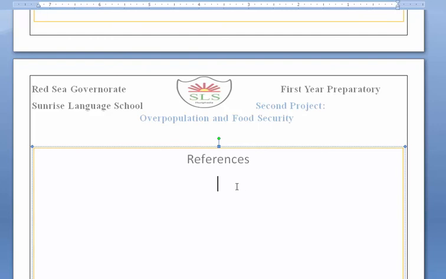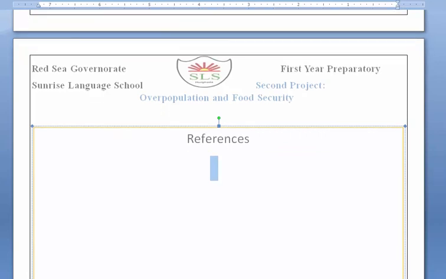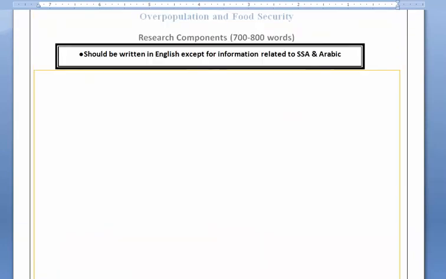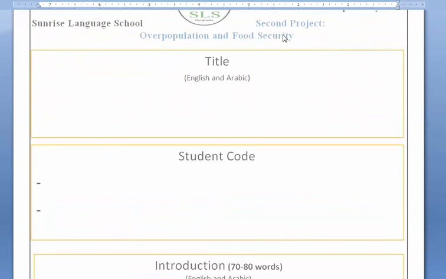So here you are going to write the references or resources you have used to finish your project. And that was for the second project, overpopulation and food security.